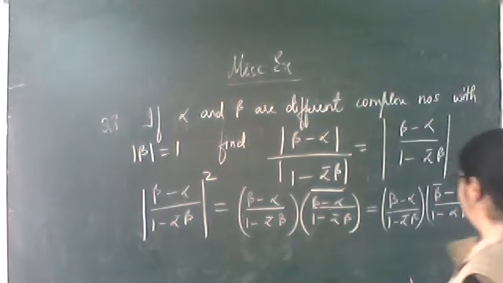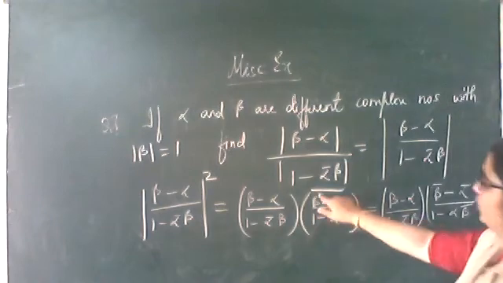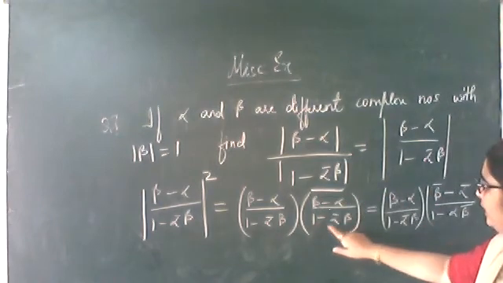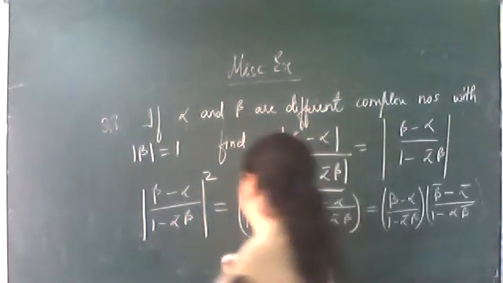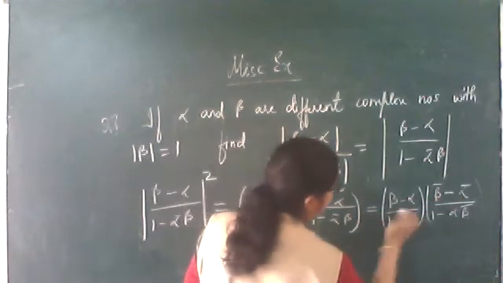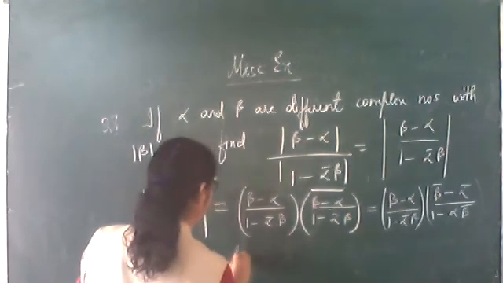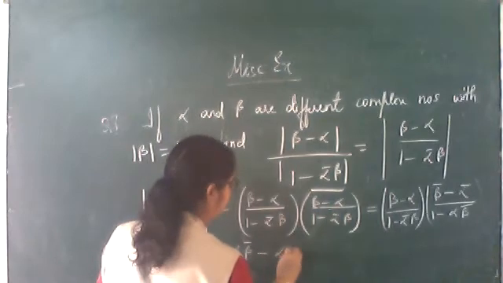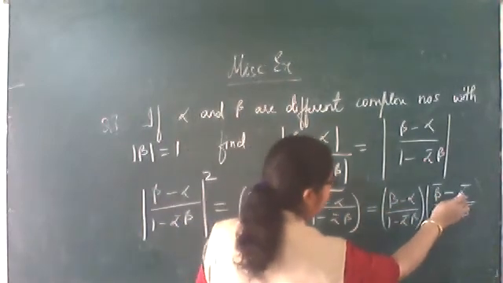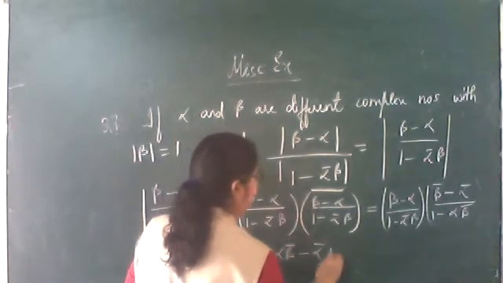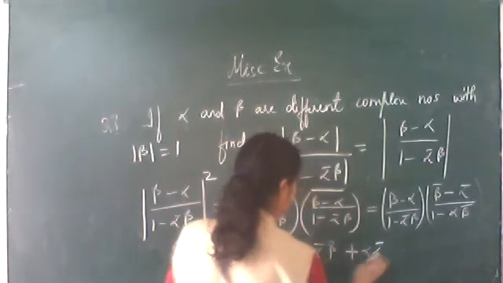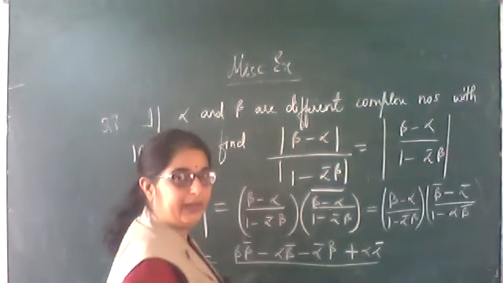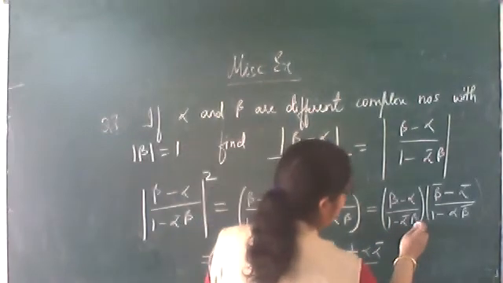Clear? So just see what we are having. Beta conjugate minus alpha conjugate upon 1 minus alpha conjugate whole conjugate will be what? Alpha conjugate whole conjugate will be alpha only, then beta conjugate. Now just multiply them. If I multiply these two quantities, what I will get? Beta into beta conjugate minus alpha into beta conjugate, then minus alpha conjugate beta, then minus into minus plus alpha into alpha conjugate, divided by 1 minus alpha conjugate beta into this.